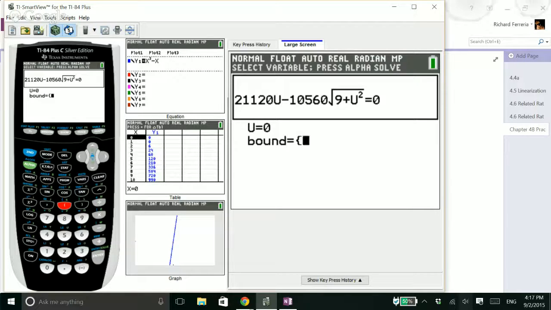The only trick here is you've got to find the curly braces. I'm going to give you a minute to look for the curly braces. Second curly brace, 0 to 5. Second curly brace on the right side. That tells my calculator I only want to look between 0 and 5, because I know there might be more answers, but they're irrelevant to me.